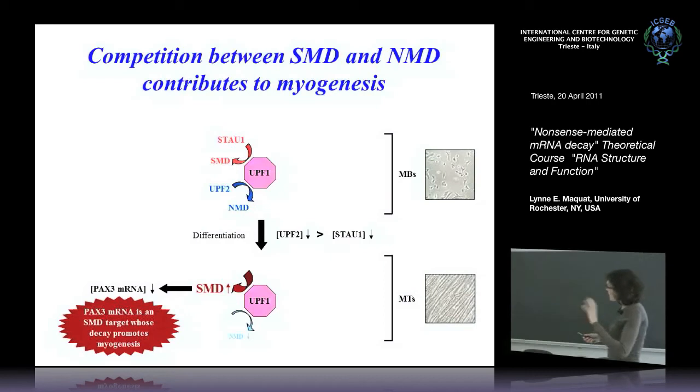So the competition matters because PAX3 mRNA is an SMD target. And it's important for cells to degrade that during the myogenic process because PAX3 protein maintains myoblasts in an undifferentiated state. So to go from myoblasts to myotubes, PAX3 mRNA levels are decreased by SMD.